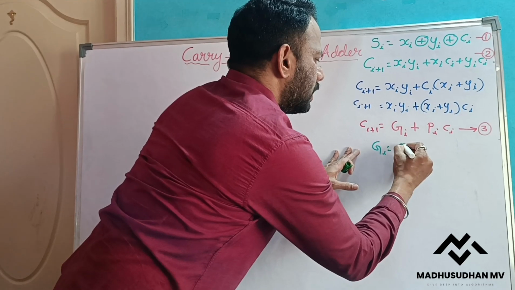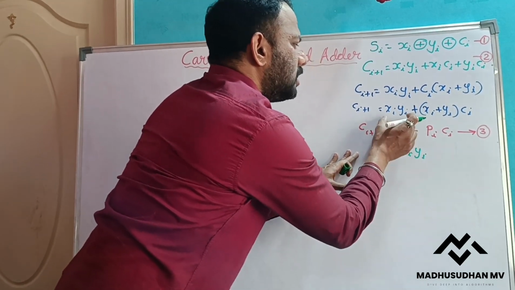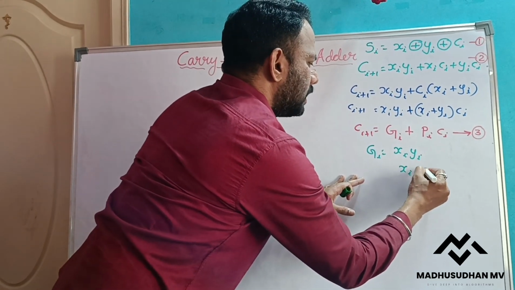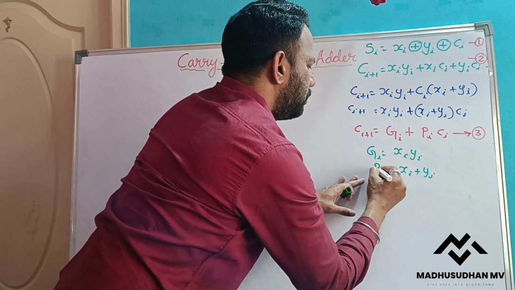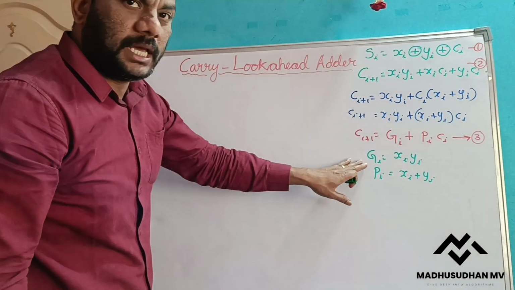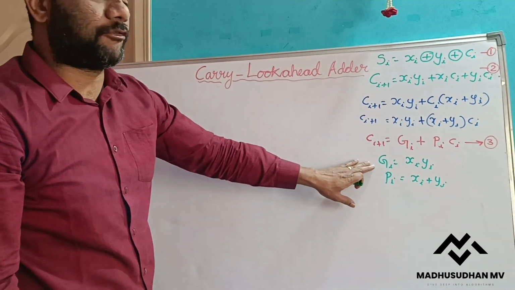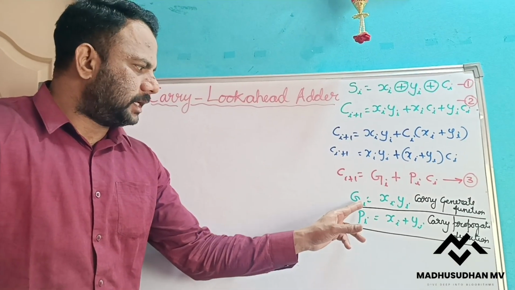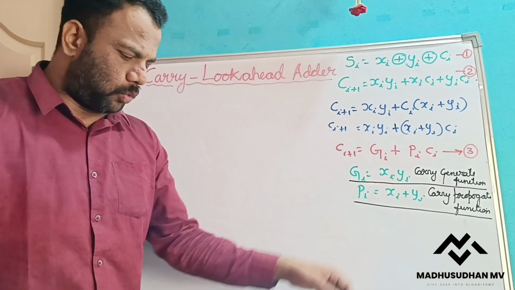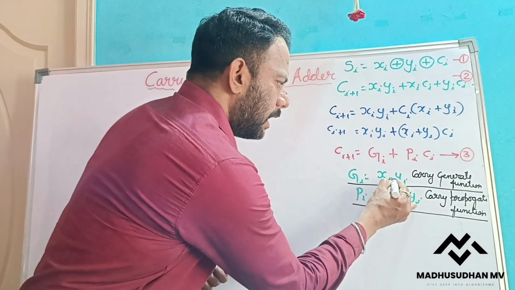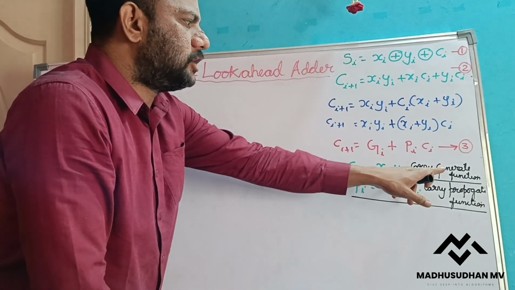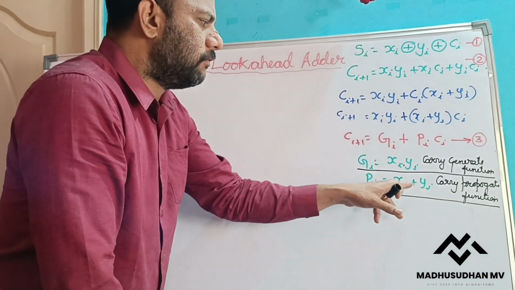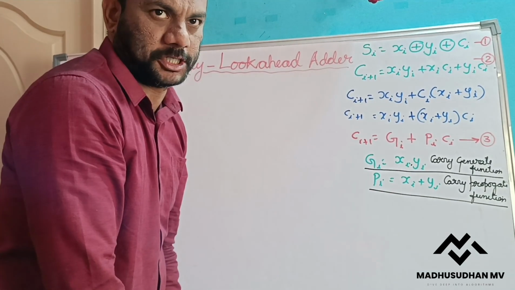In place of xi yi, I have written gi. Similarly, in place of xi plus yi, I have written pi. This gi is called the carry generate function and pi the carry propagate function. Gi is equal to xi into yi, which I am calling the carry generate function, and pi is equal to xi plus yi, which I am calling the carry propagate function.